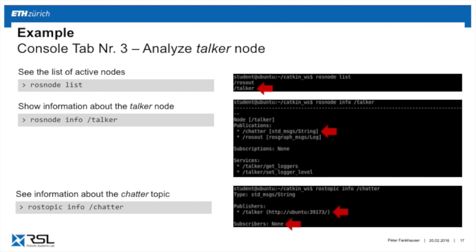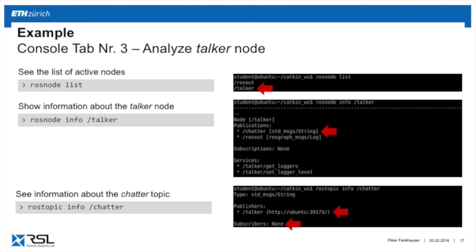So essentially, this node spits out on your console this message, but also provides a topic called /chatter, where the same information is published to ROS. Now, to know more about this topic, you can type in rostopic info /chatter to see that there's one publisher, the talker node here, and there's no subscriber yet.